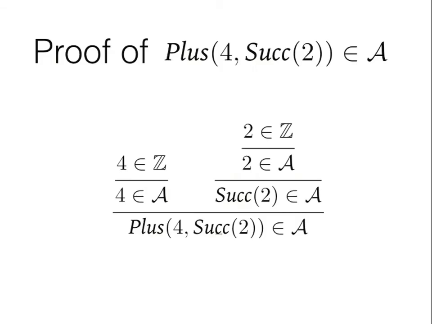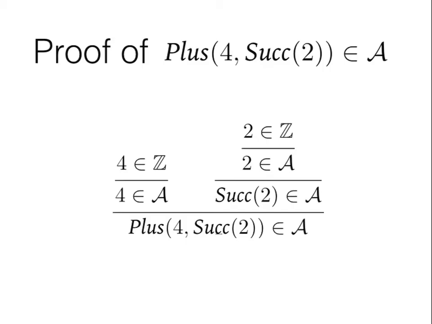The nice thing about inference rules is that you can construct proofs of things. So here, if we wanted to know if this expression I have up here is actually an expression in my language, then you can construct evidence for it by making this tree, where each bar in the tree is an instance of those rules that I showed you.